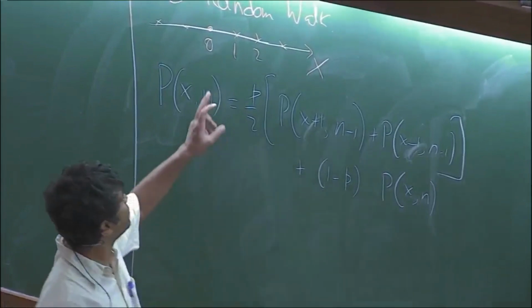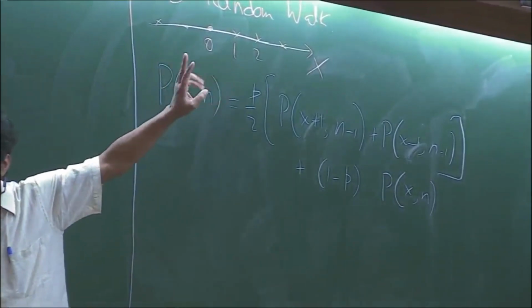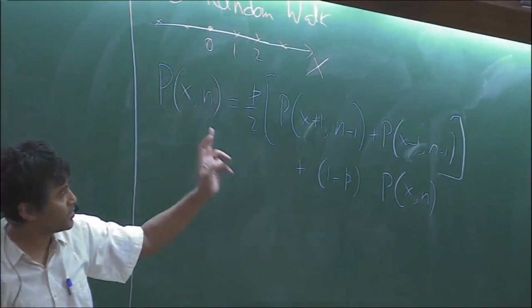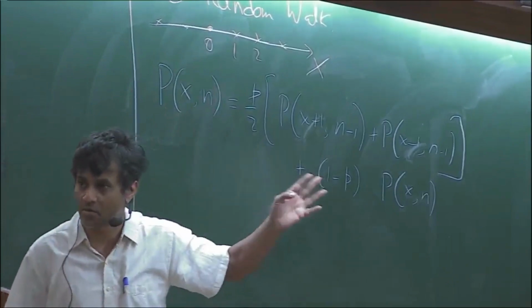So this is a random walk which takes a right step with probability p by 2, a left step with probability p by 2, and stays where it is with probability 1 minus p.